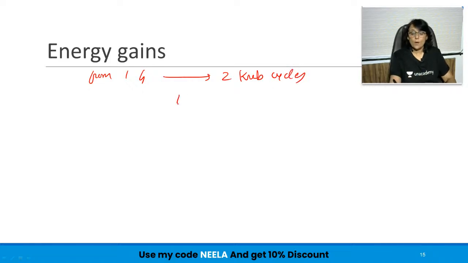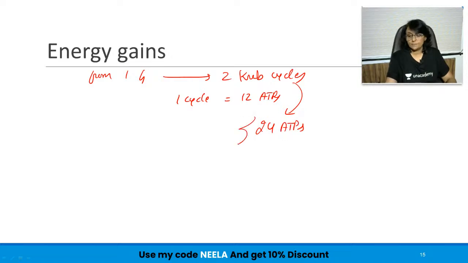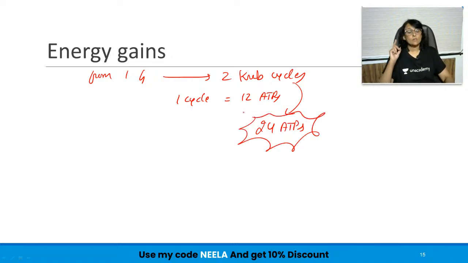So 1 cycle gives 12 ATPs, so 2 Krebs cycles will give us 24 ATPs total. And this is when you are starting with 1 glucose molecule. Remember how we get these 24 ATPs, that we have talked of. Okay?